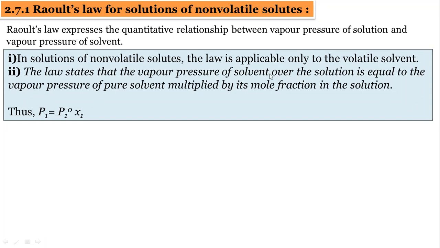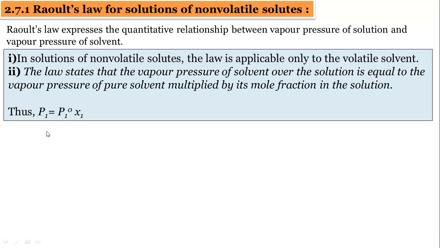This can be written like this: vapor pressure of a solvent over solution means vapor pressure of a solution containing non-volatile solute is equal to the vapor pressure of pure solvent multiplied by its mole fraction. Come to this equation, then we will understand.